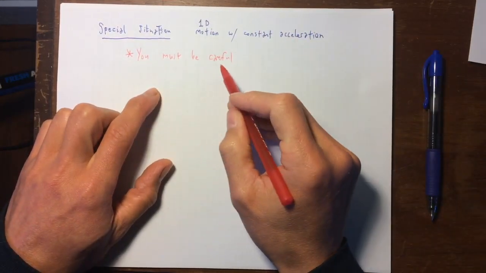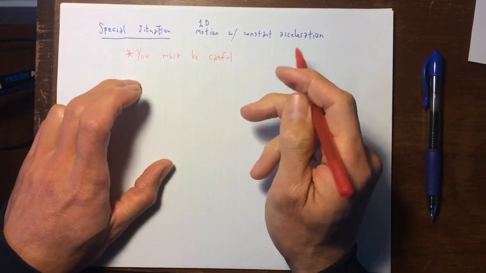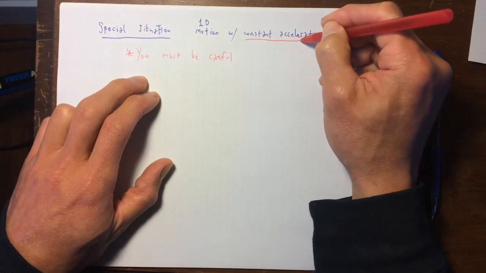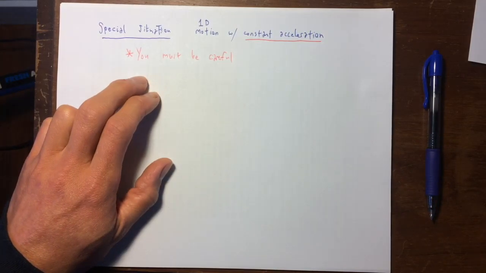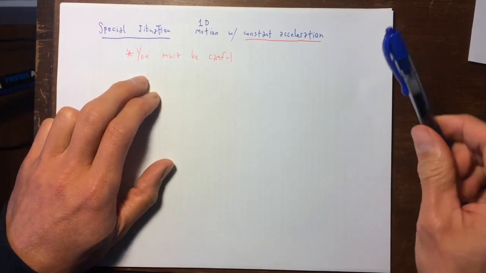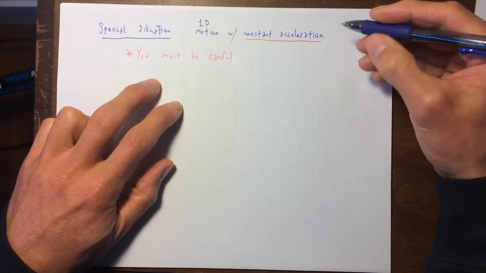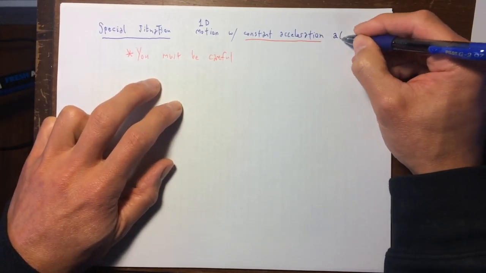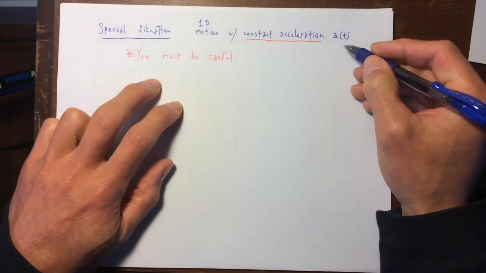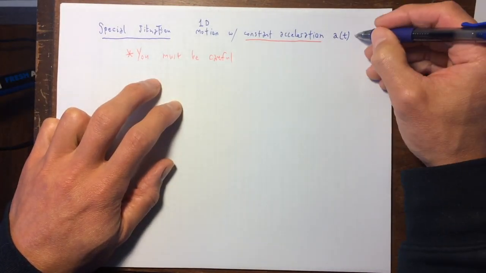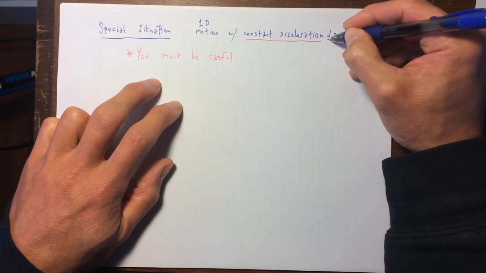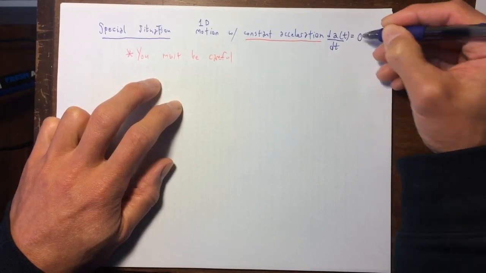So the sense in which you must be careful is what I'm about to describe is only true if you know that you are thinking about a constant acceleration problem. So constant acceleration means that the acceleration as a function of time, which is the time derivative of the velocity, you know that the time derivative is 0.